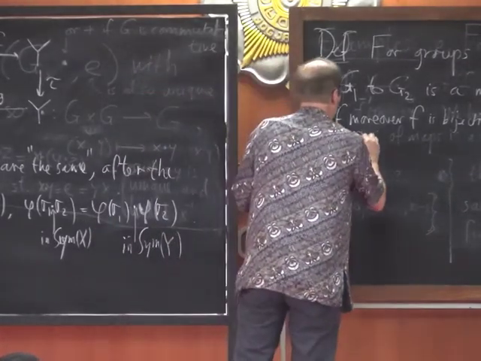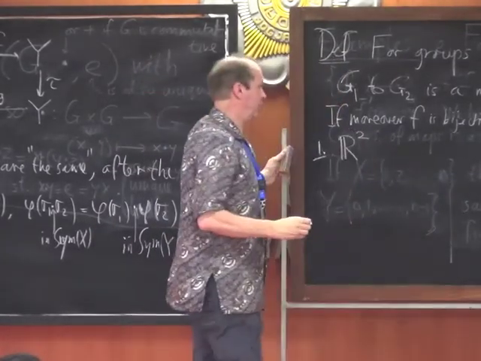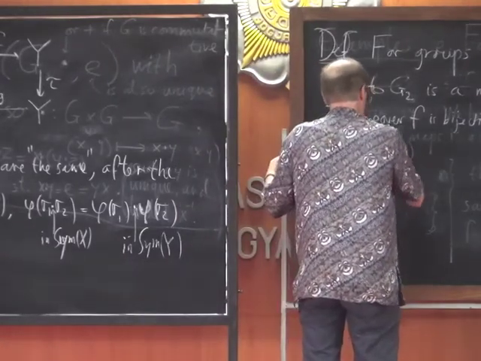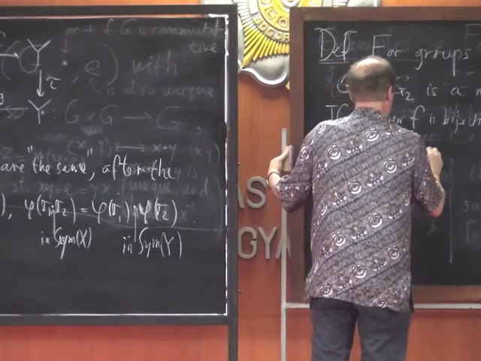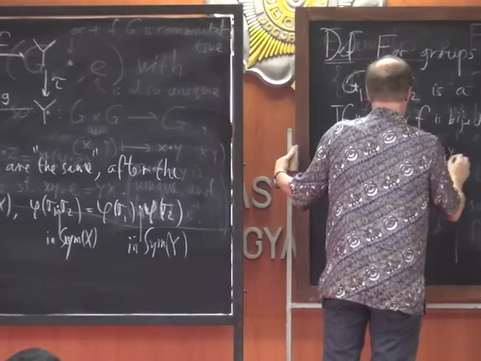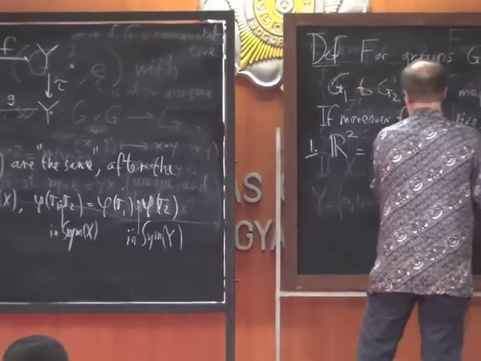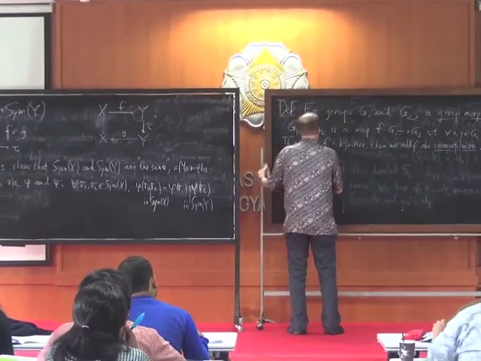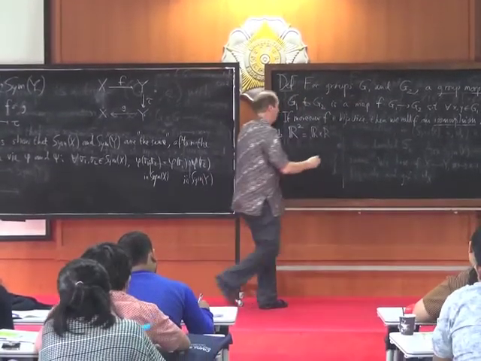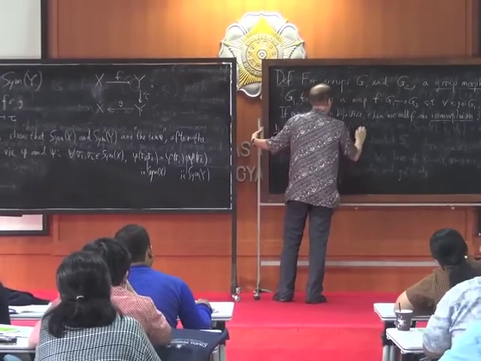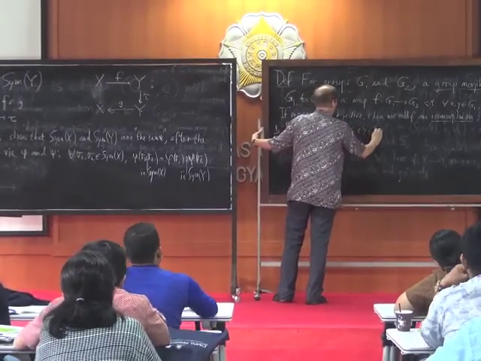We take R2, which is the set of pairs, the real plane. Maybe I should just say it is R times R, the product of R times R, and so it is the set of pairs x, y such that x and y are real numbers.